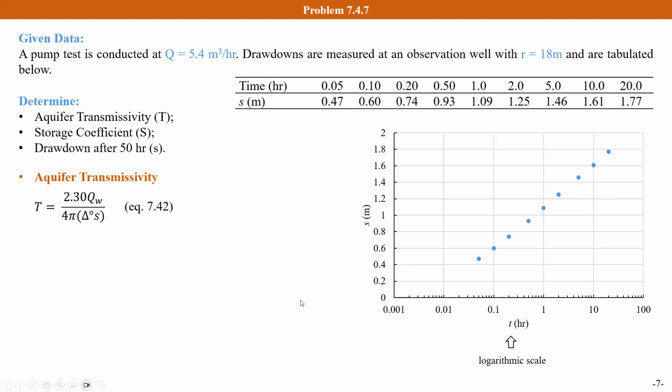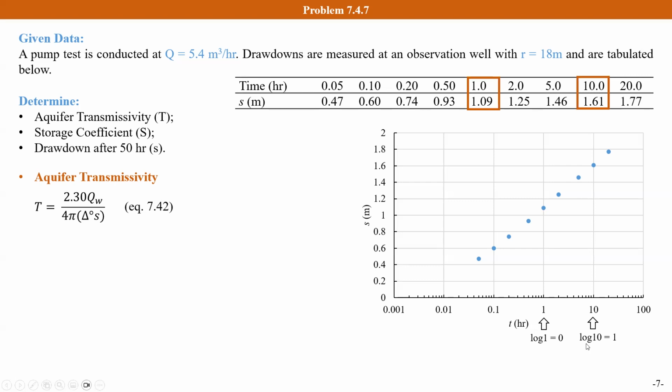Therefore, we need to find the delta log T in this plot. From this figure, we know that log 1 equals 0, and log 10 equals 1. So log 10 minus log 1 is the delta log T, and it equals 1.